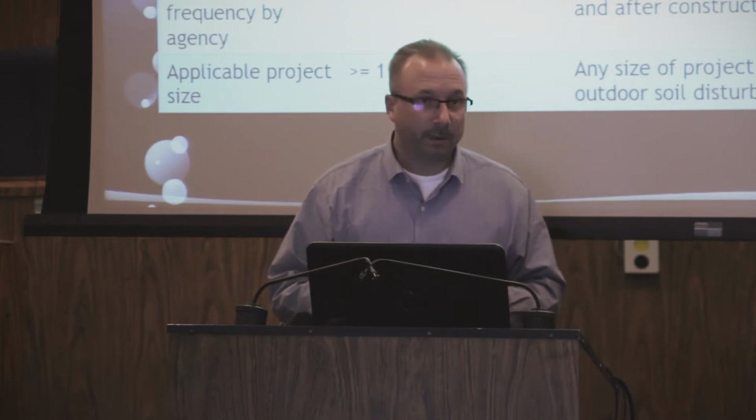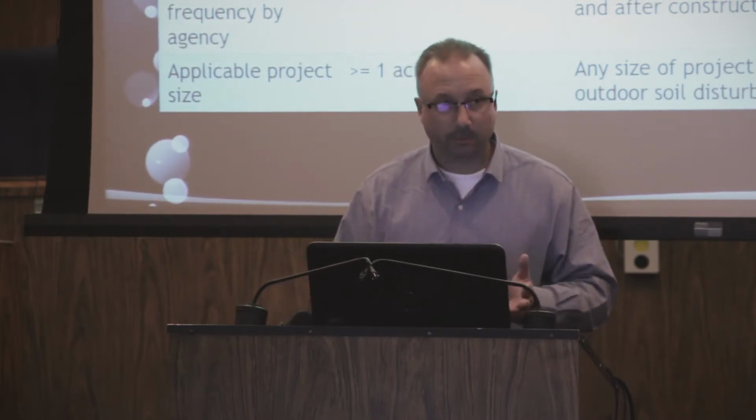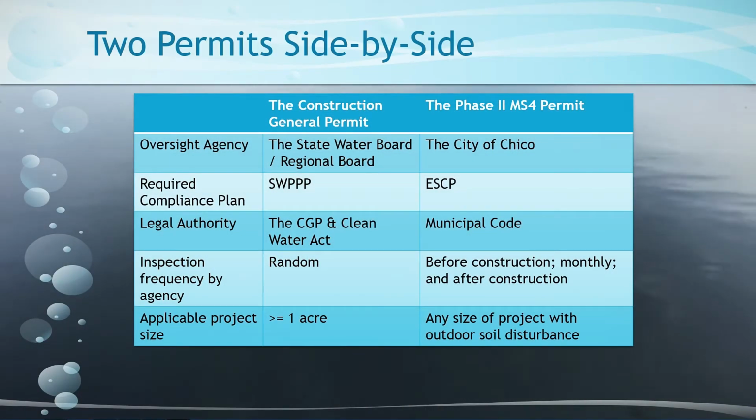However, the Phase 2 MS4 permit requires the municipality, so it's the State Water Board, same entity, but now they're talking to the municipality saying any project with any soil disturbance needs, one, to be on your inventory, you need to know about it, and two, you need to require an erosion sediment control plan, and then three, you're going to need to start inspecting these.